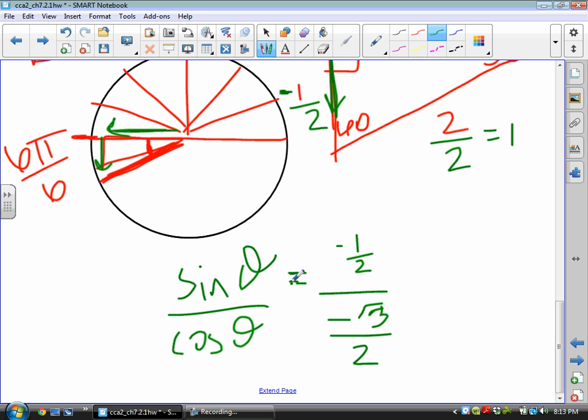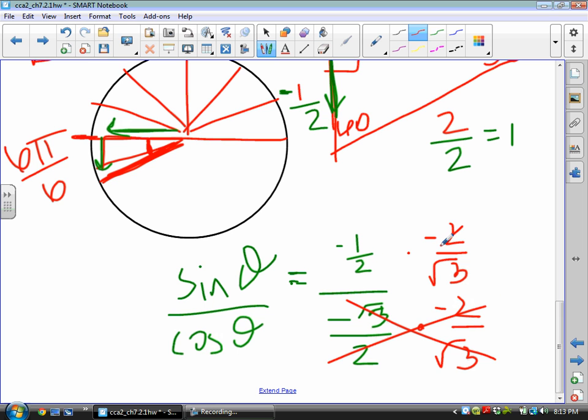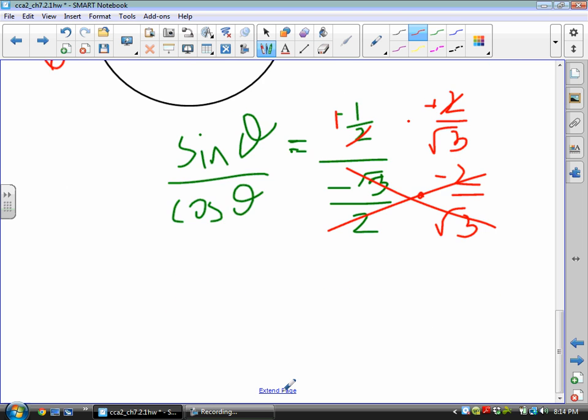Okay, so next we're going to multiply by the reciprocal again, so negative 2 over radical 3 times negative 2 over radical 3. Bottom, gone. This 2 and this 2 cancel. Negatives and negatives cancel. So now I have the tangent of 7 pi over 6 is going to equal 1 over the square root of 3.